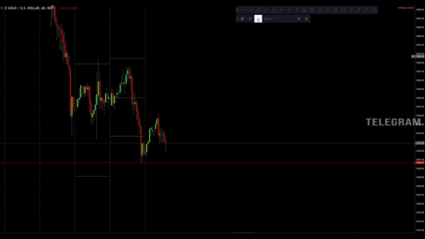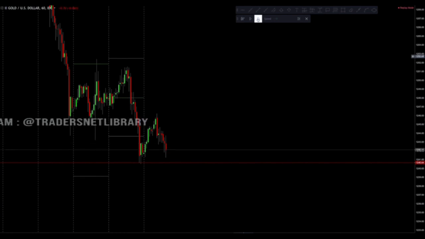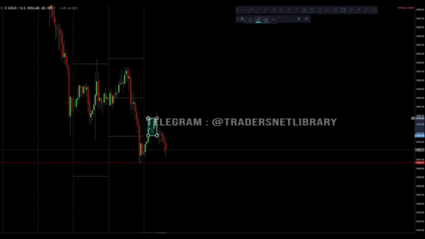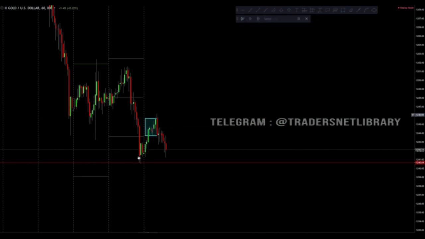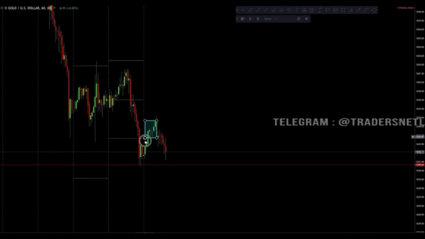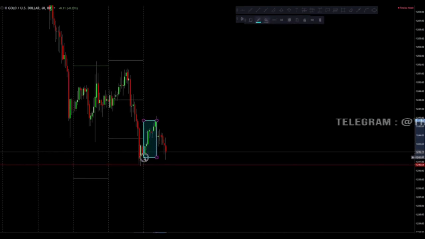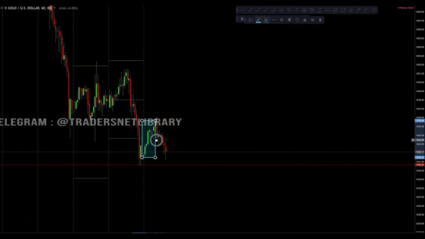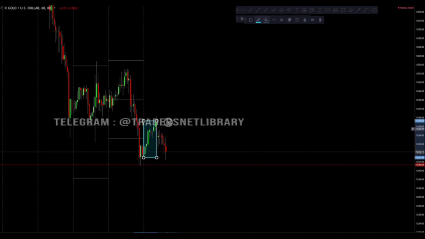Let's go forward. This is the London session manipulation now. Okay, a fake move to the downside, as it seems, because this is the Asian session box right here. Even from here actually, because we started right here. So this is the Asian box. As you can tell, it's not such small price action.